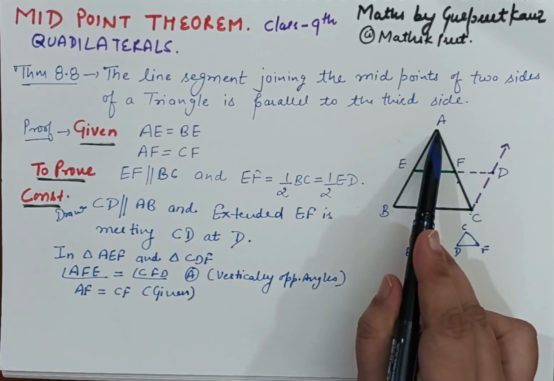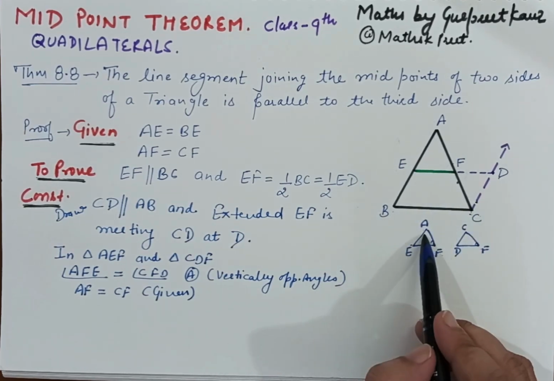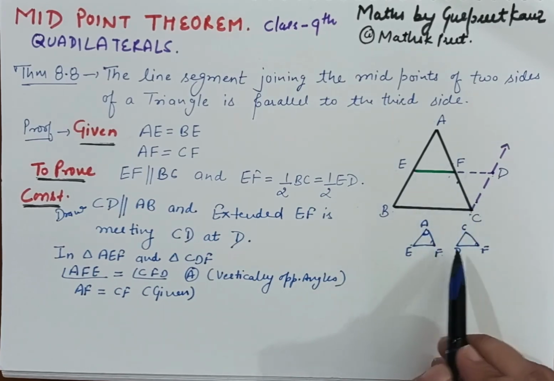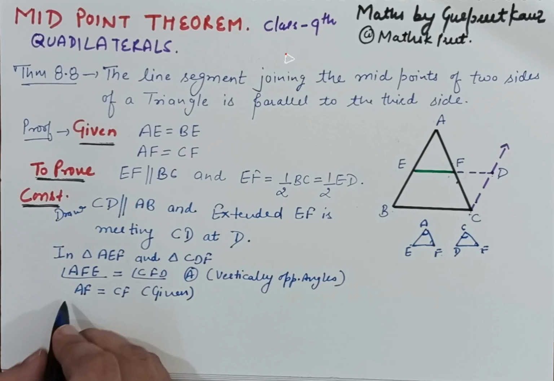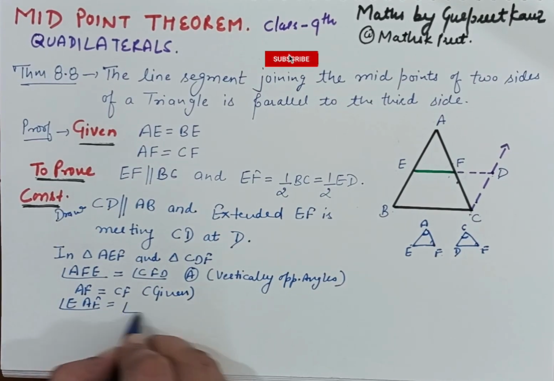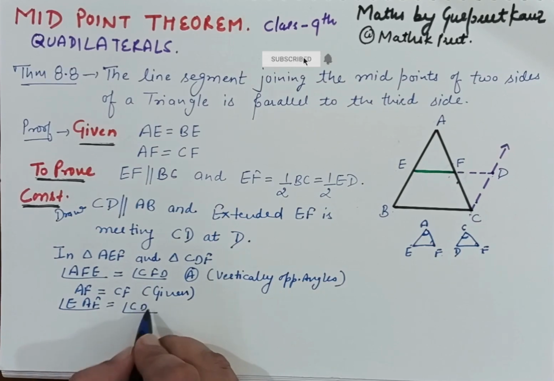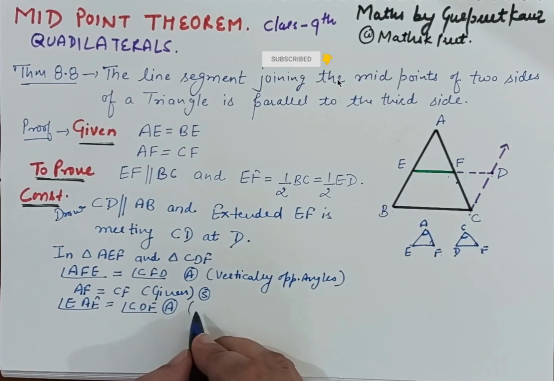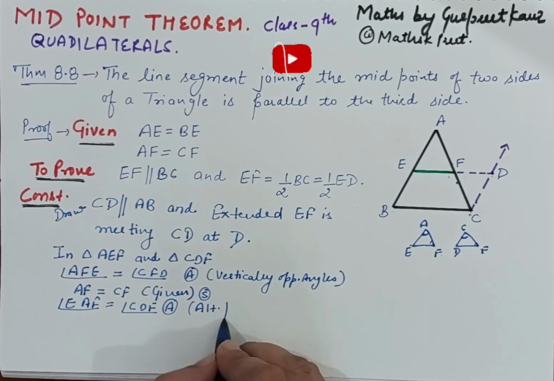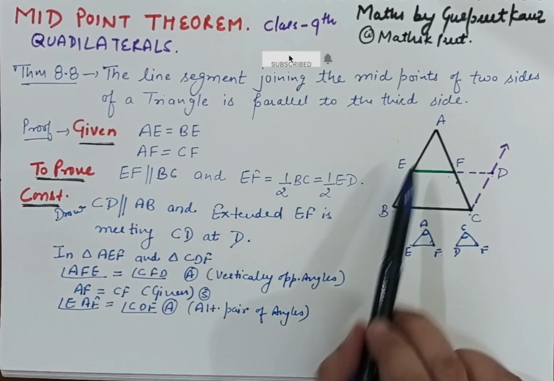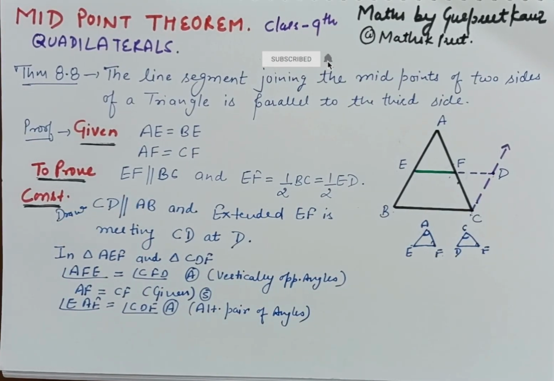Angle EAF will be equal to DCF. Fine. So angle EAF will be equal to CDF. How? This is an angle again. This is coming from alternate pair of angles. Why? Because AB is parallel to CD through construction.